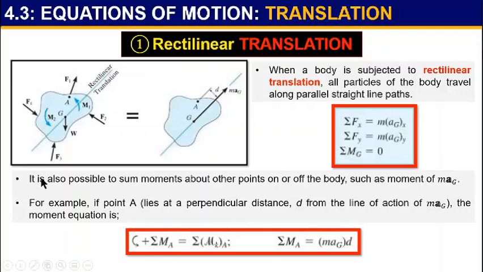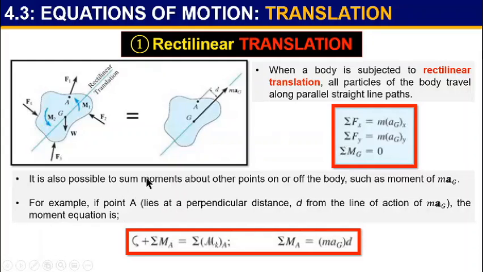However, it is possible to sum moments about other points on or off the body, such as the moments of m aG. We want to determine moments of another point, such as this moment, m aG.